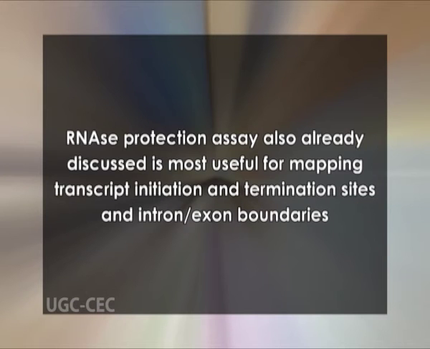The RNase protection assay, already discussed, is most useful for mapping transcript initiation and termination sites and intron-exon boundaries, and for discriminating between related mRNAs of similar size which would migrate at a similar position on a Northern blot.